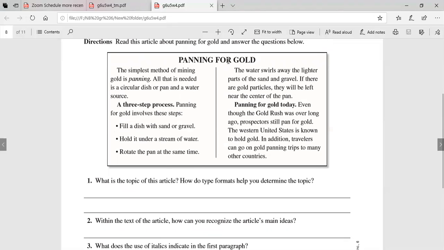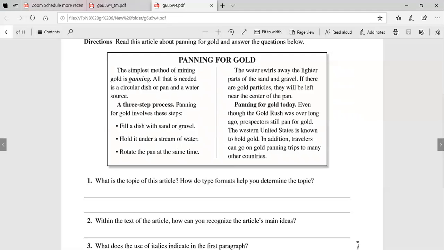So planning for goal is a topic because of its boldface and type size, because it stands out. And here you can see the main idea, also boldface, and the bullet point here is a supporting detail to the main idea.